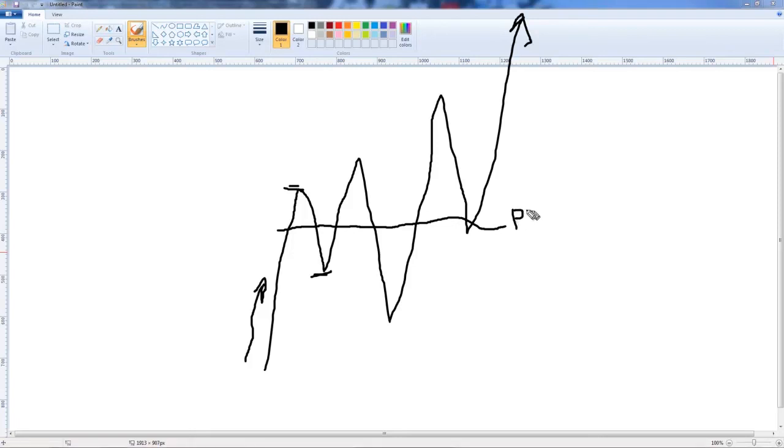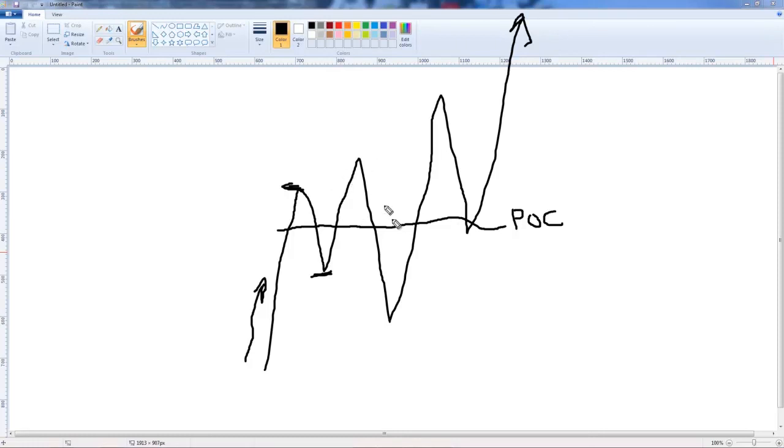So you get a lot of trading happening around that point of control, and then all of this trading is the attempt to decide whether it's going to break away from the market to the upside or to the downside.